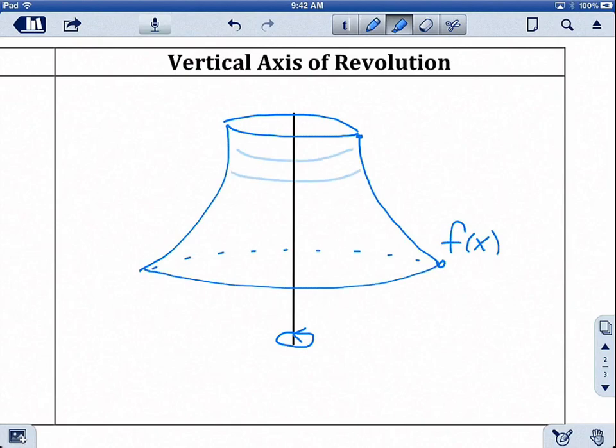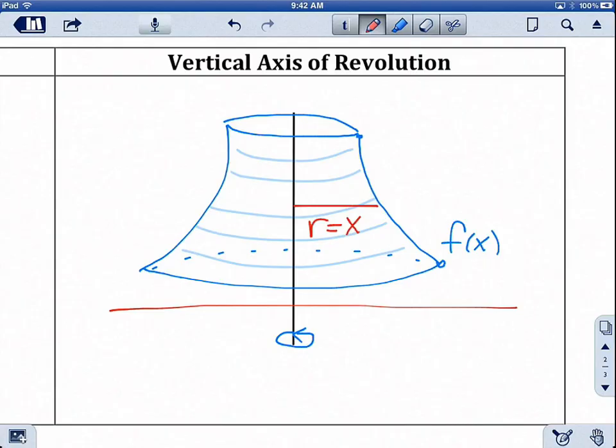Okay, so we can see our surface area here. Now when we look at this, our radius is going to be right here. Our radius is also going to be just an x value. Okay, so if we were to draw in our x-axis, remember this would just trace down to an x value.